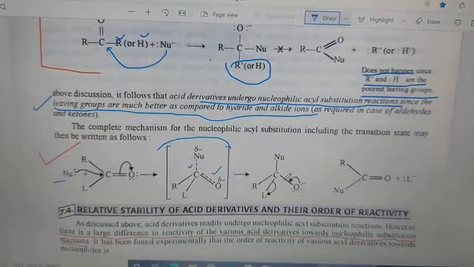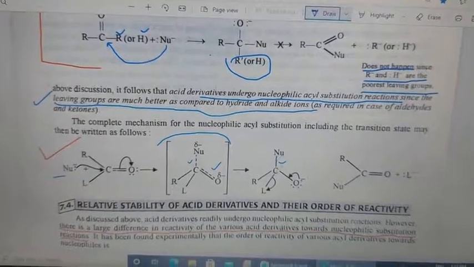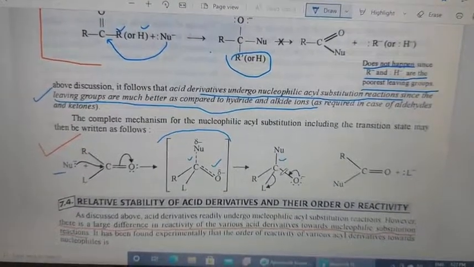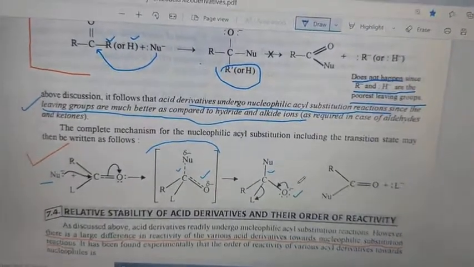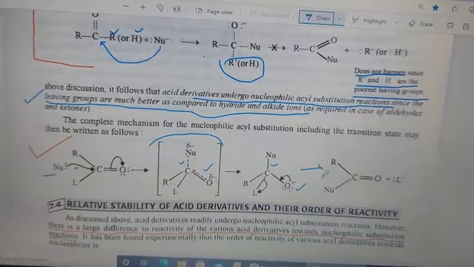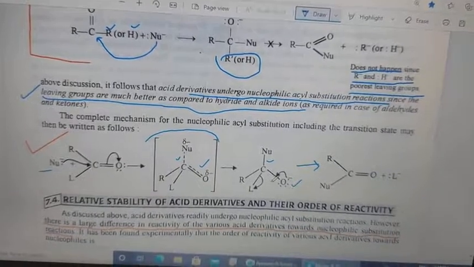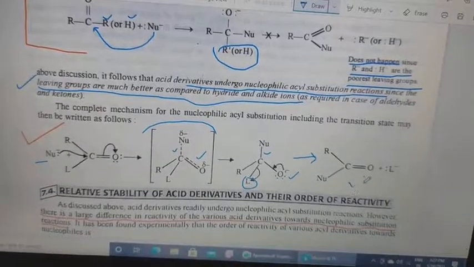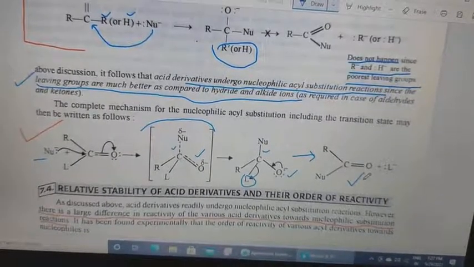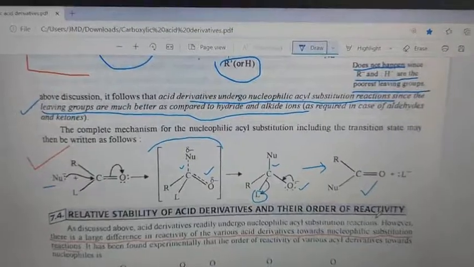Ultimately, there is complete bond formation between nucleophile and carbon, and oxygen acquires a negative charge. Then there is rearrangement of electrons and leaving of the R group, and finally we get a substituted product by nucleophilic addition reaction.